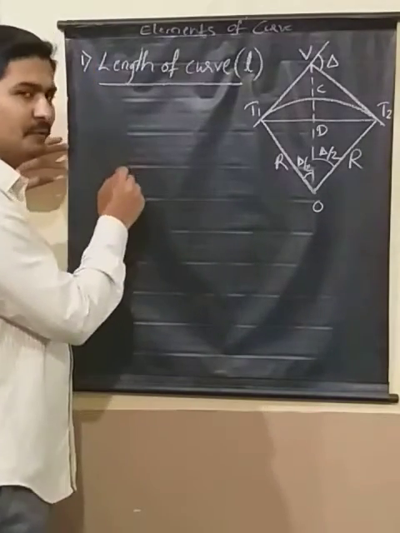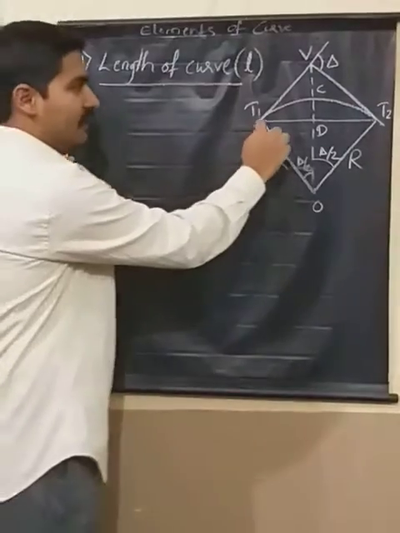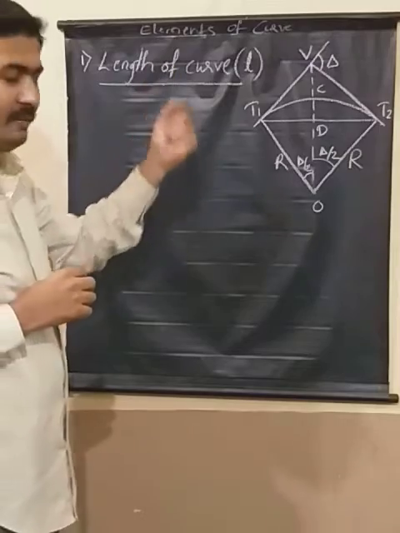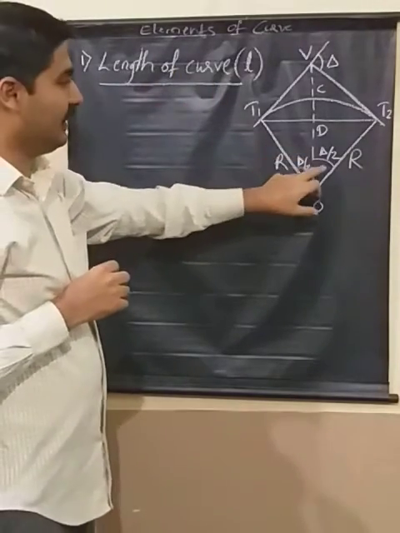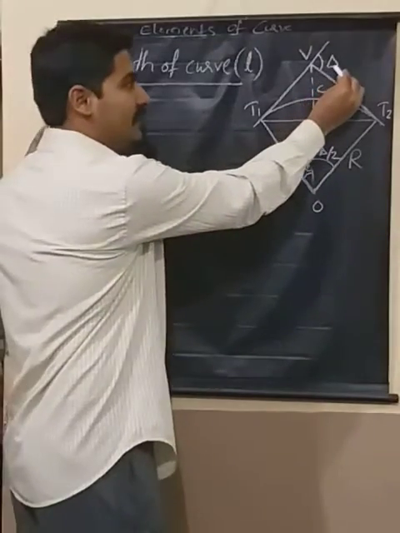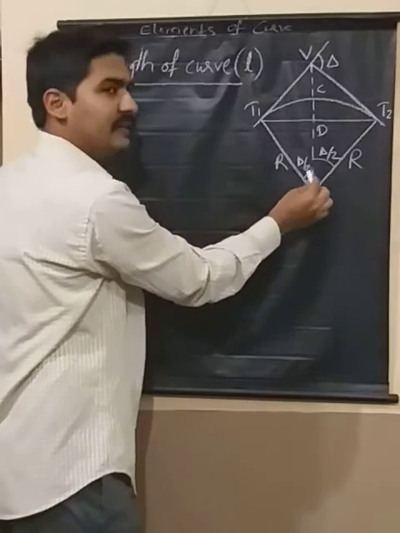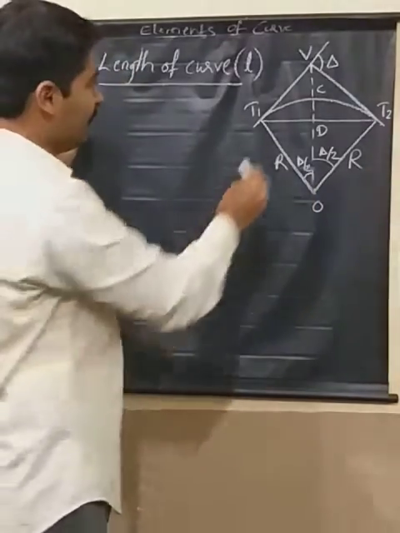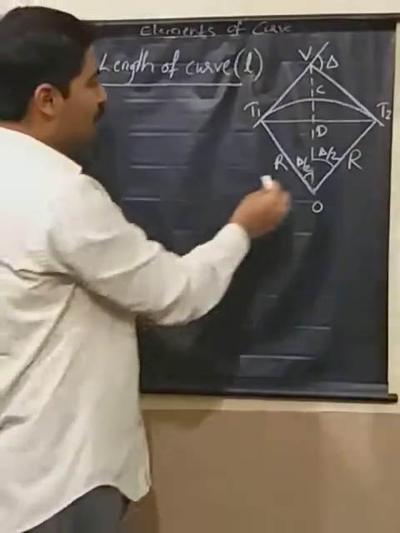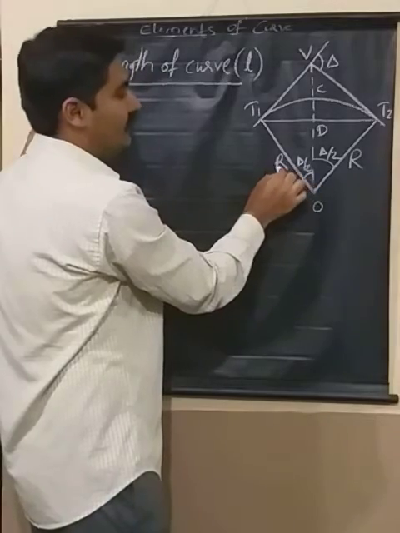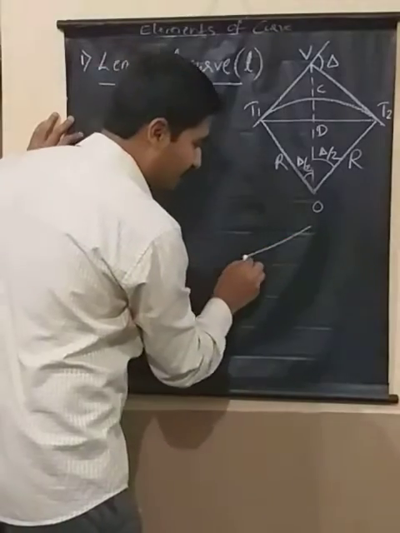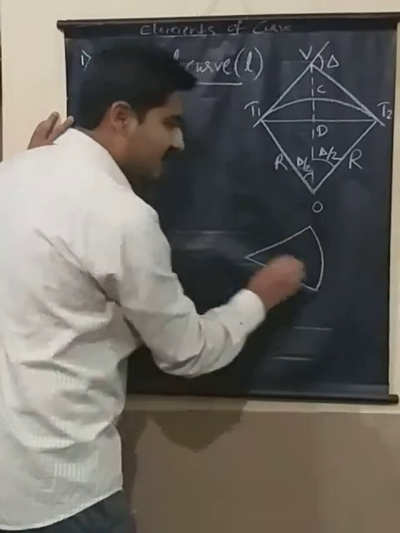Now, if I know the radius of the curve and the angle of intersection or central angle, as I have told you, this angle will be equal to the central angle. In case of a simple circular curve, the angle of intersection will be equal to the central angle. So if this is delta and this is r, how am I going to get the length of the curve? To understand this better, imagine an arc.